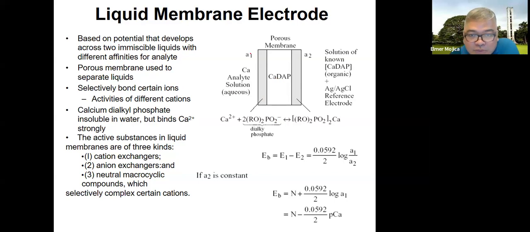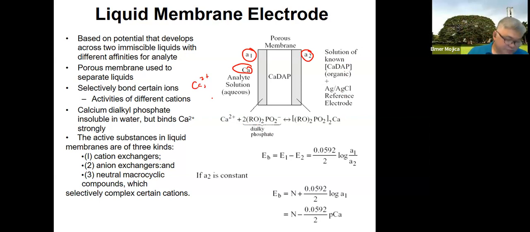If you're going to look at the reaction here, this is the calcium dialkyl phosphate. You have an activity here of the calcium that is in the sample solution, and then you have an activity here that is known, with the calcium dialkyl phosphate with the reference electrode. This selectively binds certain ions, which in this case is calcium 2+.